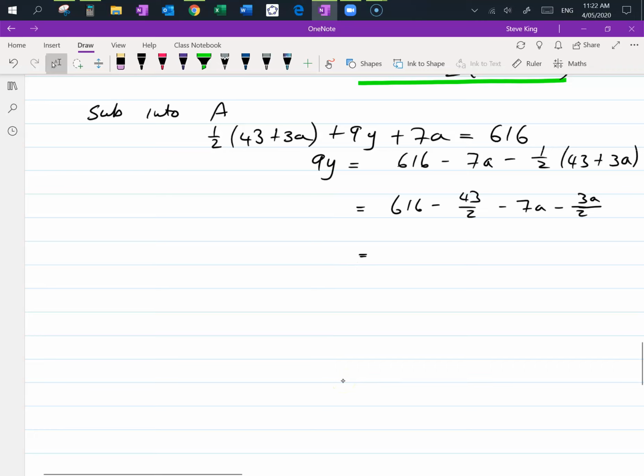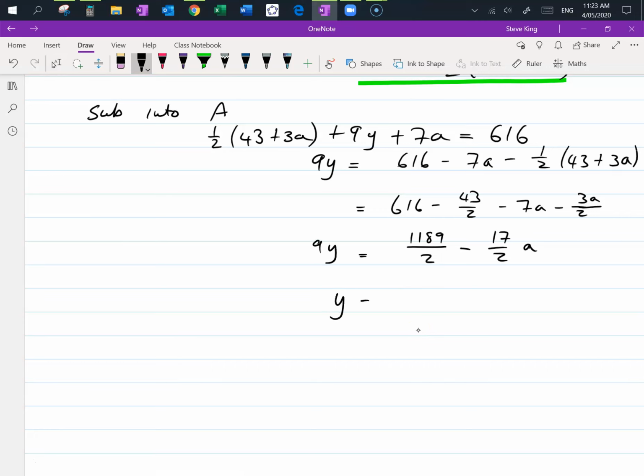And this comes to, get the calculator out, 616 minus 43 divided by 2 gives me 1189 over 2, and 7 minus 1.5 is going to give me 8.5, and 8.5 is the same as 17 over 2a. So that's what 9y is.